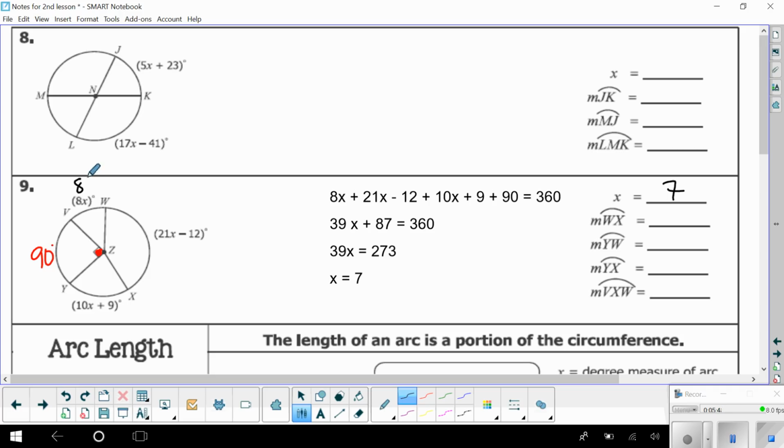We can do 8 times the 7. For VW, that doesn't have one. Let's do 21 times the 7. And then this one is 10 times the 7.